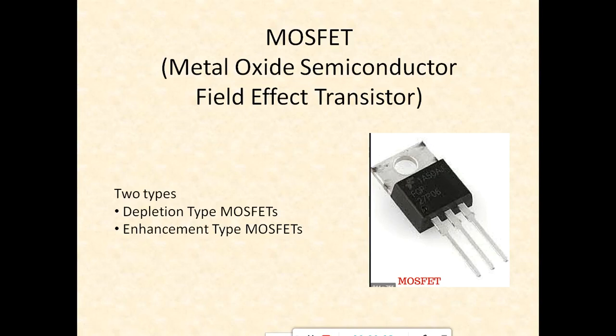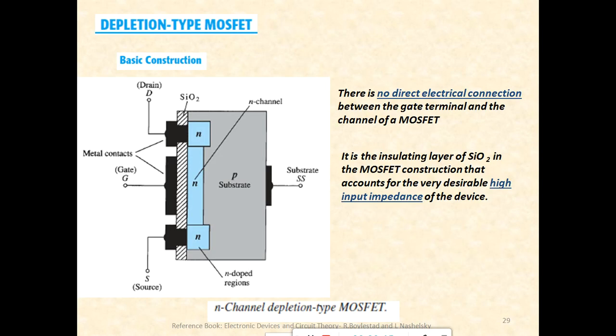Okay, so in the last session we discussed depletion type MOSFETs. That was the construction of a depletion type MOSFET. The important thing to be observed here is that there is a channel already present in the case of a depletion type MOSFET. If it is a P channel, then a layer of P type will be present.